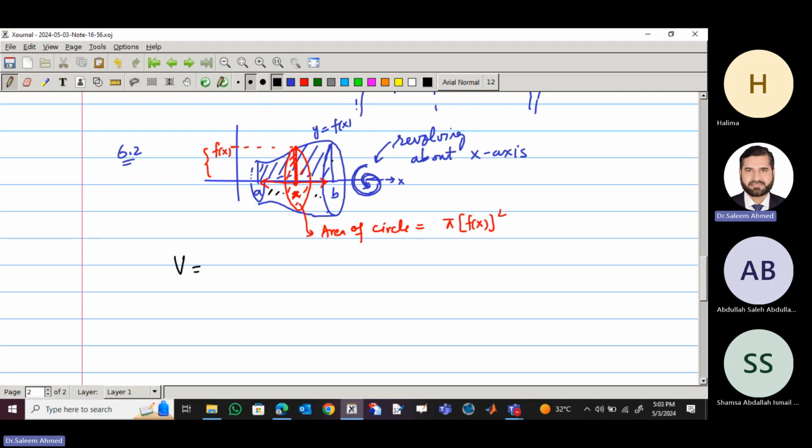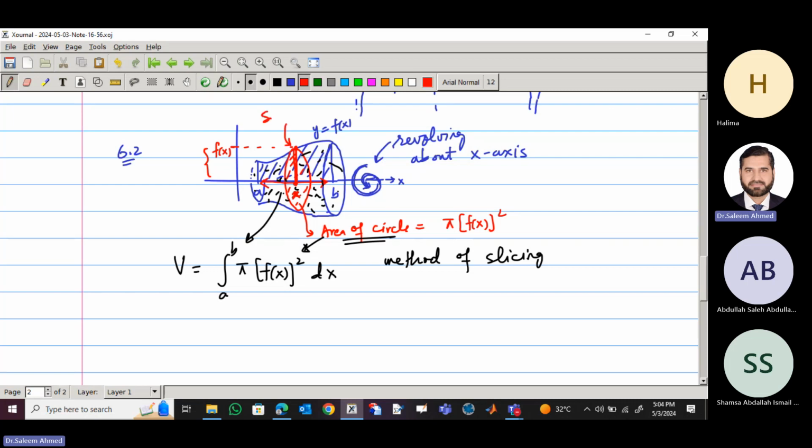The volume is the integral from a to b of the area of this circle, which is pi f of x squared dx. This formula is called the method of slicing, because this area of a circle, this red thing, is basically called the slice.